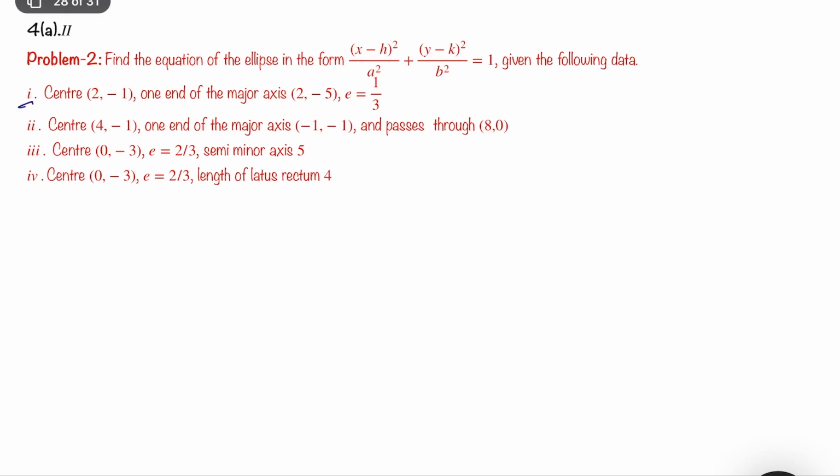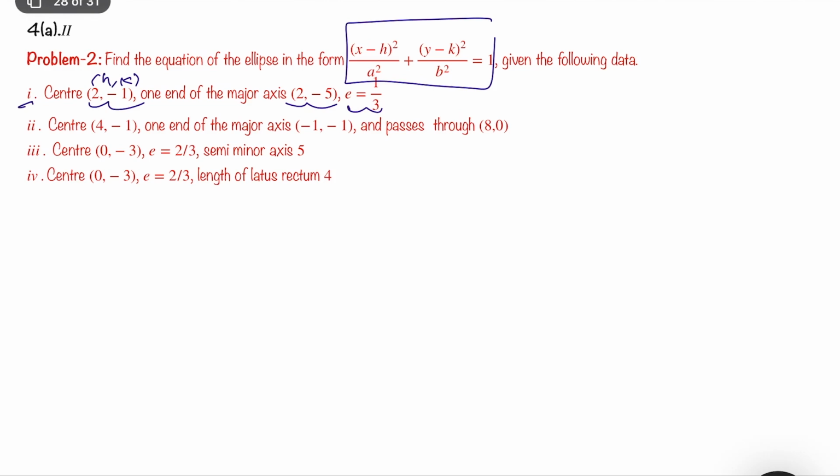Okay, in the first question, here center is given, that is h comma k given right away. Now, if you want to write down equation in this form, you need to know a square and b square. But a square, b square not given directly. We are given one end of the major axis, that is 2 comma minus 5, and eccentricity given.